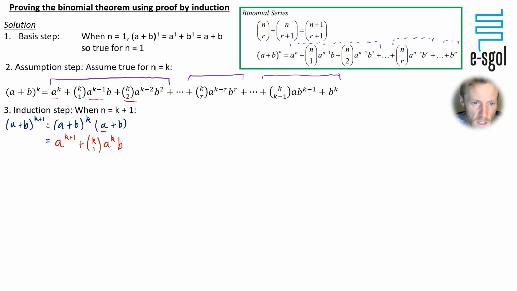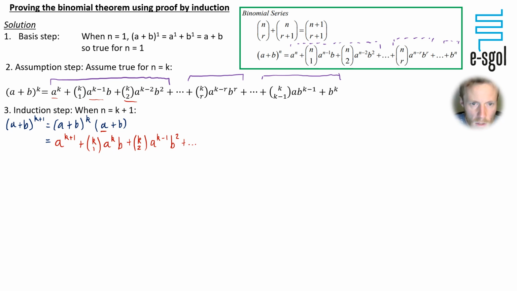And then I'm going to multiply this bit here. So we get k choose 2, and we've added 1 to the power. So instead of k minus 2, it's k minus 1, times b squared, add dot dot dot.